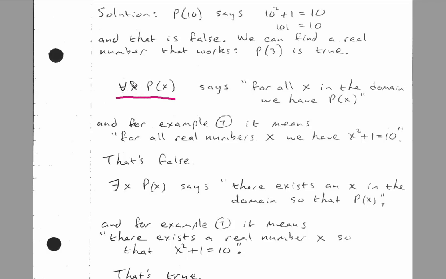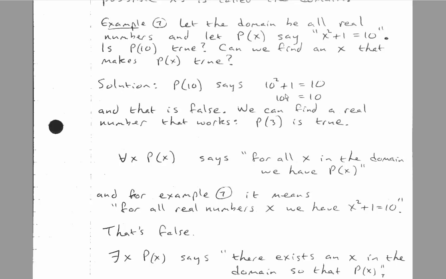This is saying that P of x should be true for all x's, in this case for all real numbers. In our example, the domain was all real numbers, and this is P of x.